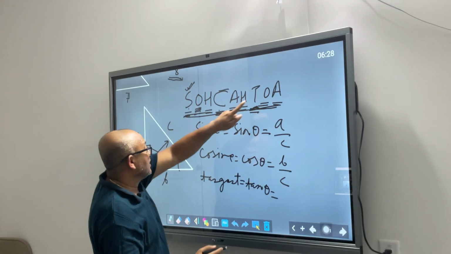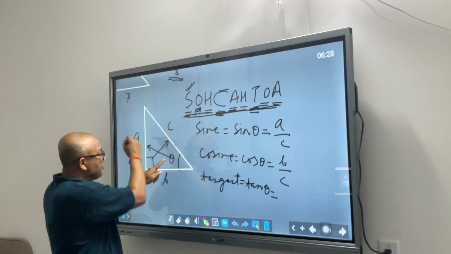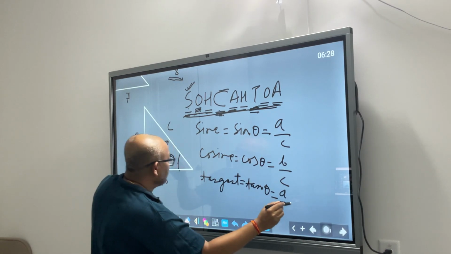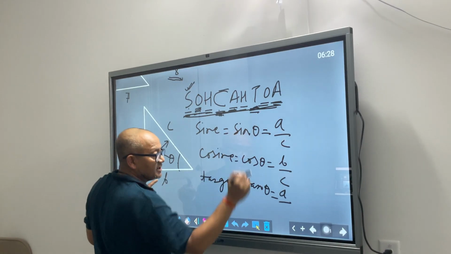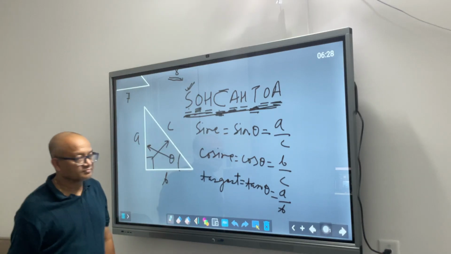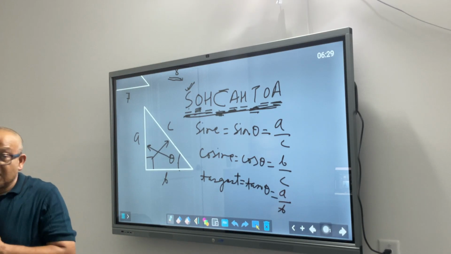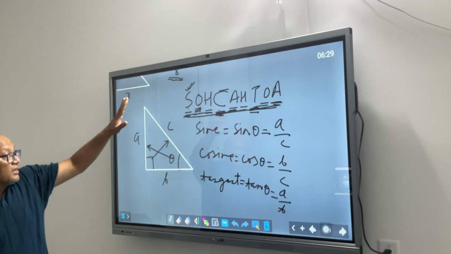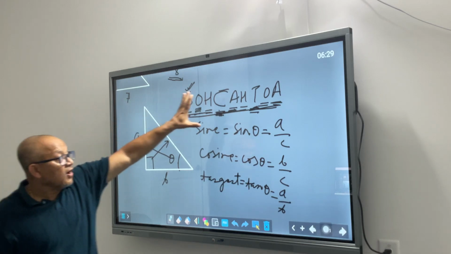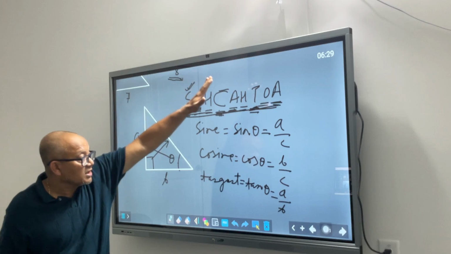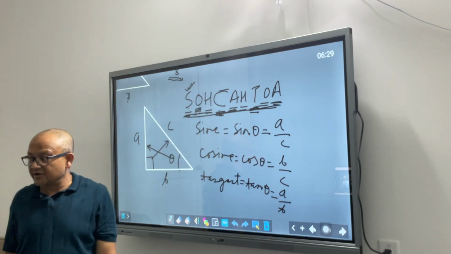Tangent of an angle theta is opposite side A divided by adjacent side, that is B. So SOHCAHTOA is just a short form to remember how these ratios are defined.